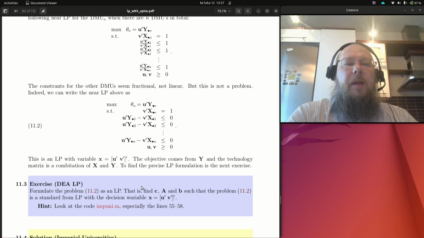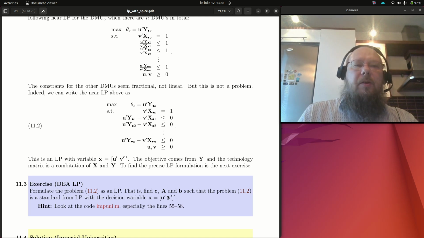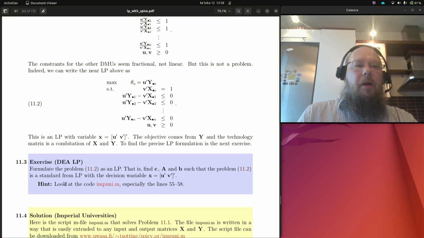So what does it mean? Find c, A, and b such that this problem 11.2 is a standard form LP where the decision variable x is this big vector where you first have u and then you have v. And how to do this? Do I give any hint? And there is a hint. The hint is actually in the solution of this.